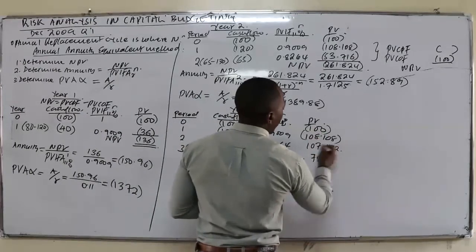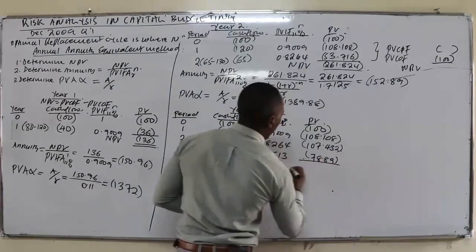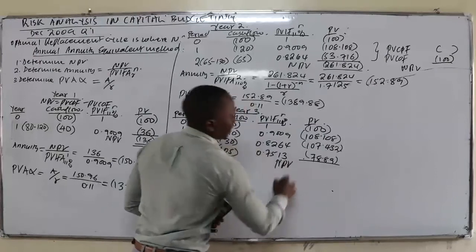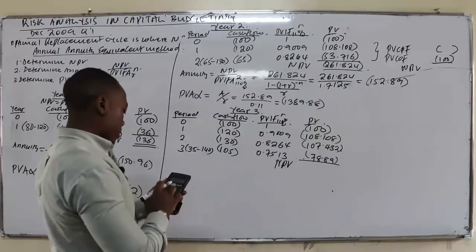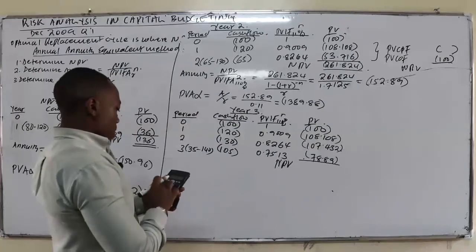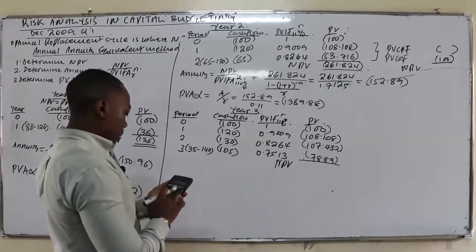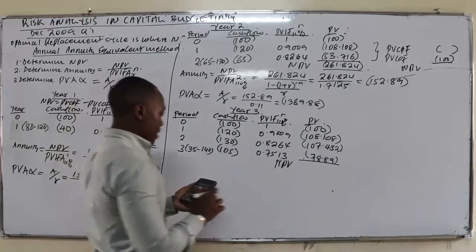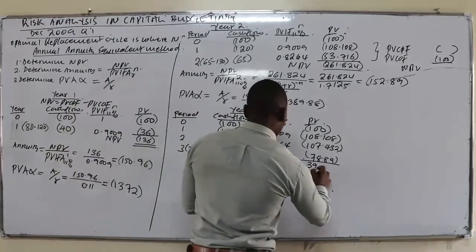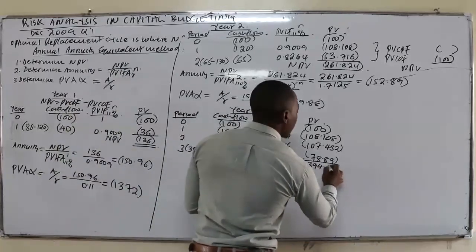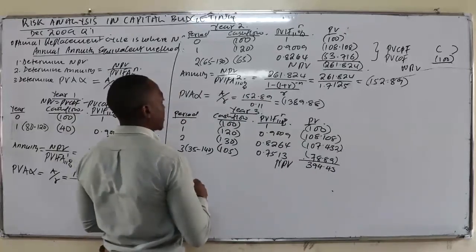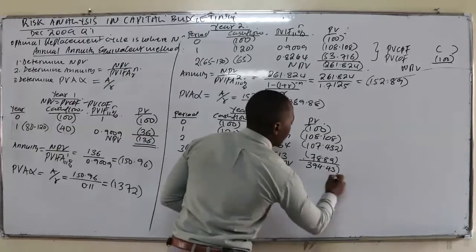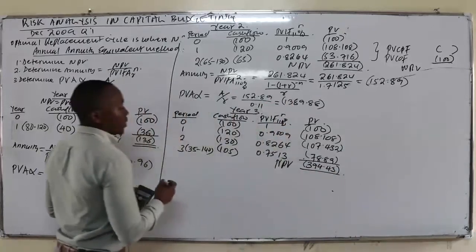But remember, all of them, they were negatives. So we get our NPV. And the NPV you are getting is 394.43. So with that, it's a negative. We go to step number 2.